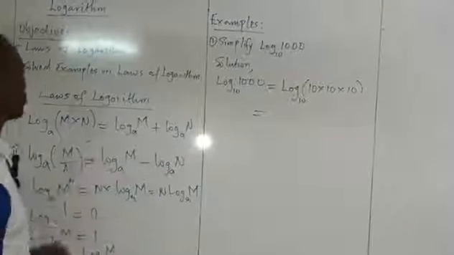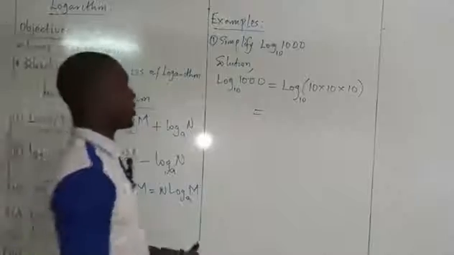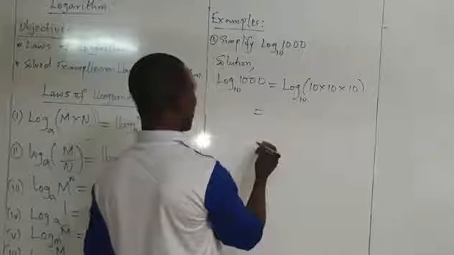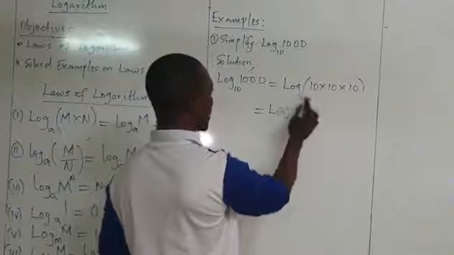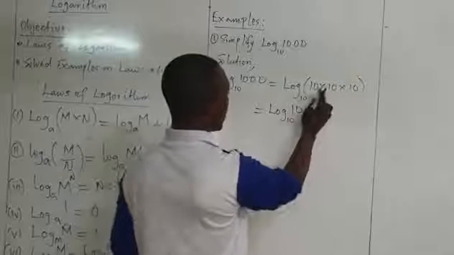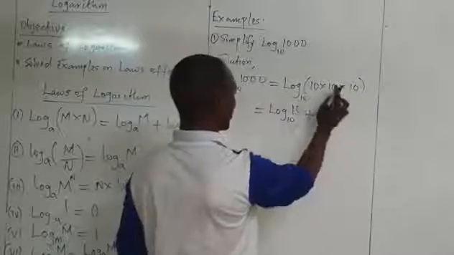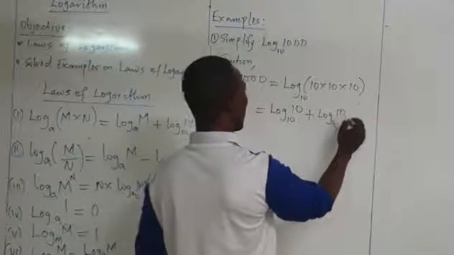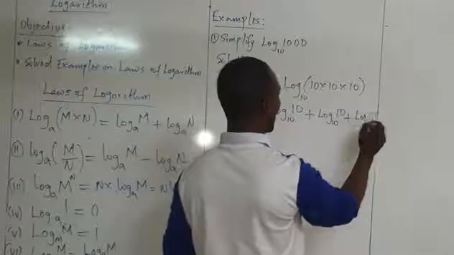So making use of the multiplication law of logarithm, we are going to open this bracket with log to base 10. So we have log 10 base 10. Multiplication will change to what? Addition. Then plus log 10 base 10, plus the last one, log 10 base 10.